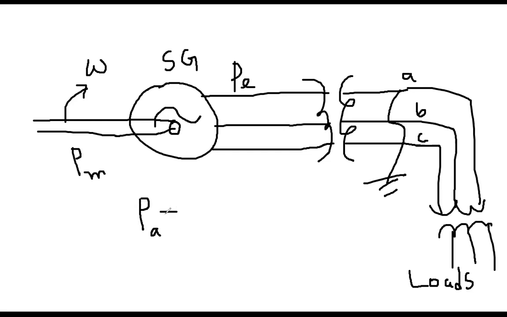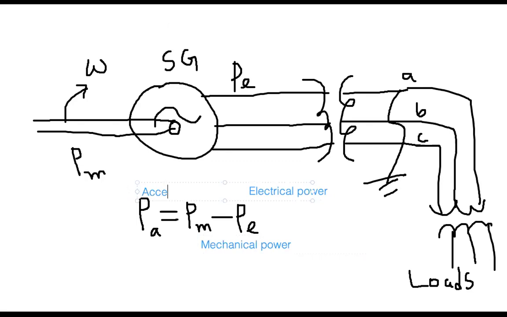Everybody see that Pa equals Pm minus Pe, where Pe is the electrical power, Pm is the mechanical power, and Pa is called the accelerating power.